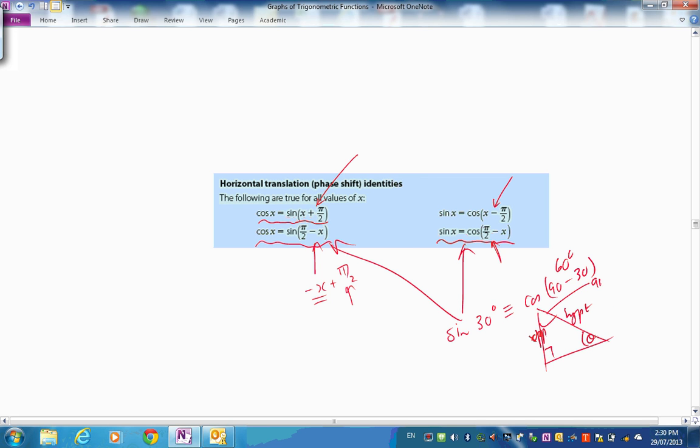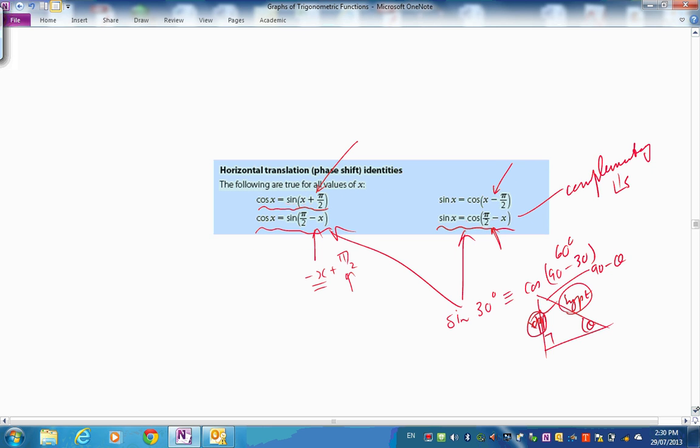So this is 90 minus theta, and the cosine of it becomes that over that, the adjacent over the hypotenuse. So these are the complementary angle results. The ones that add up to 90 have the opposite sine or cosine. Also true back in trigonometry land.